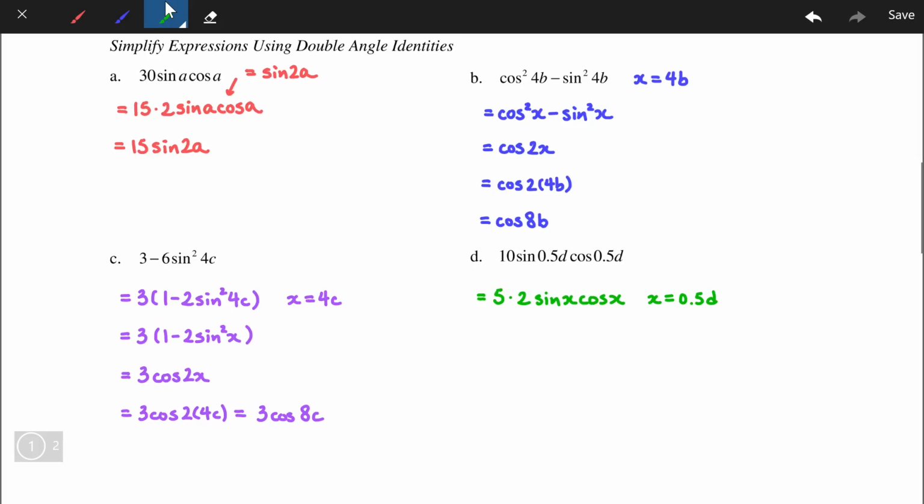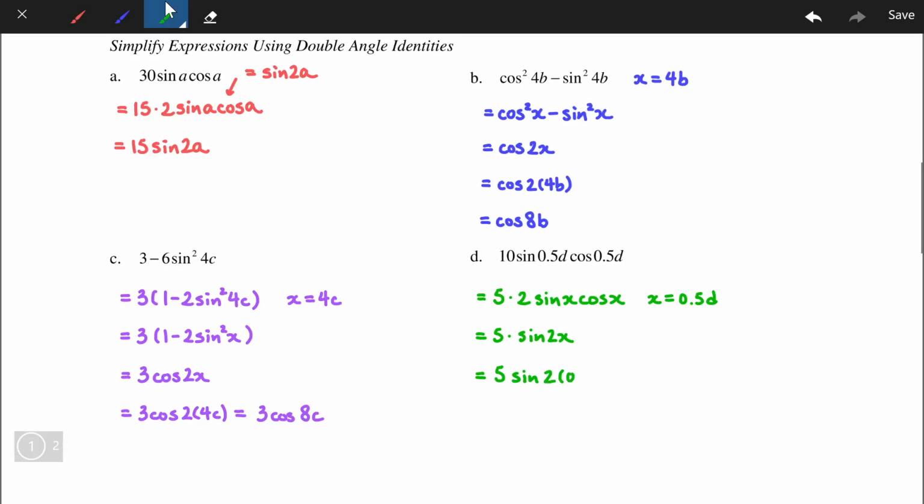So once we've done that, then we have the sine double angle identity. So this will be 5 times sine 2x, of course. And then what will happen is we can back substitute 0.5d back for x.